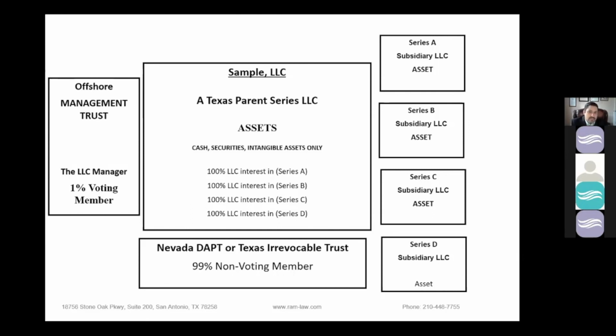Let me give you an example. I have a very wealthy client from Mexico that invested in some apartments in South San Antonio. They invested $10 million to build this apartment complex. In addition to the apartment complex, they had, I think, like 3 or 4 rental properties. And the rental properties combined were about $1 million. And then, of course, the apartment complex was $10 million. And something happened.